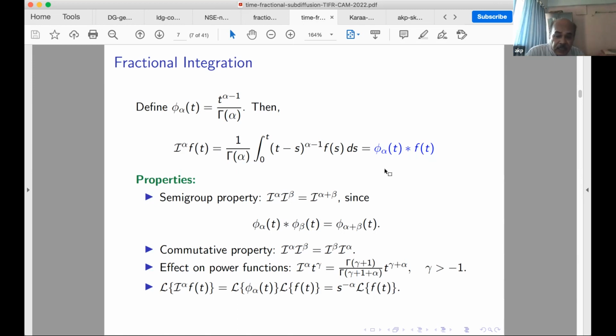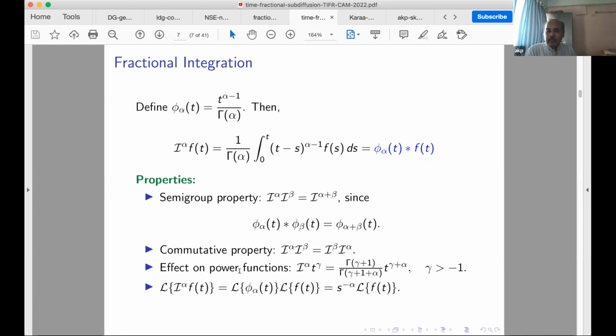Convolution operators are commutative, so you can write down the commutative property of this integral operator I^alpha. It also satisfies a semigroup property: the convolution of phi alpha and phi beta is phi alpha plus beta, so this is going to be I^(alpha+beta).